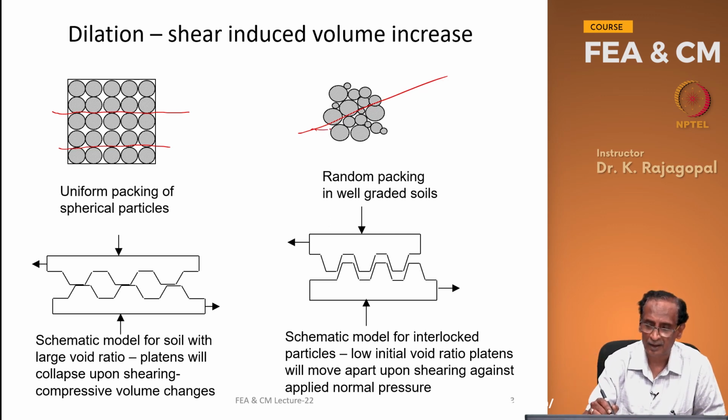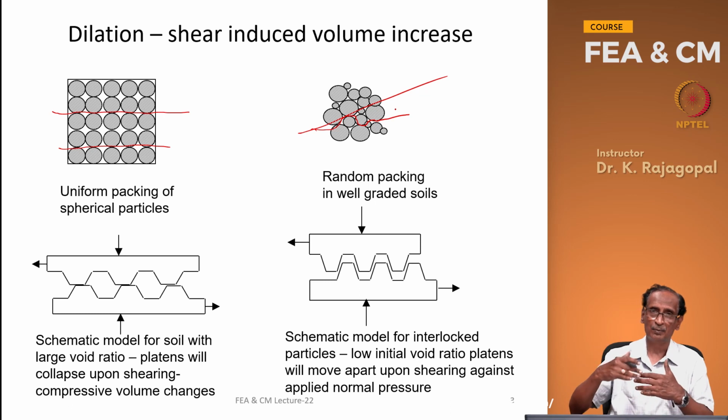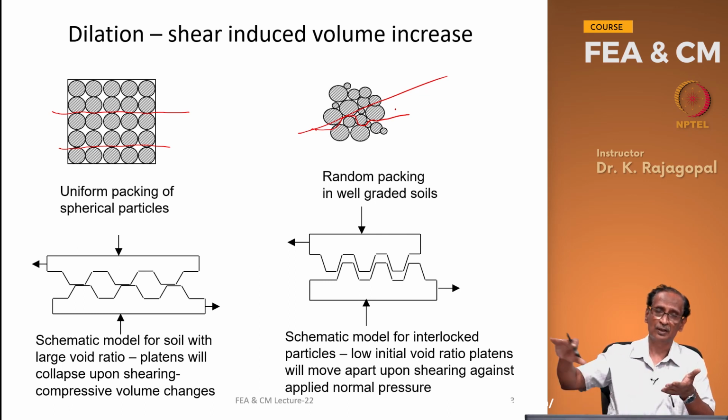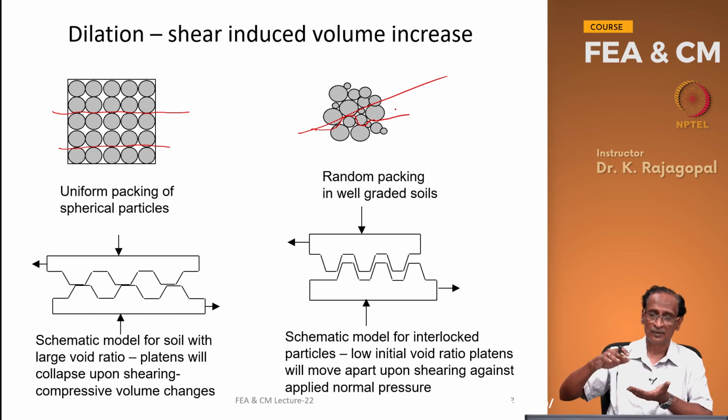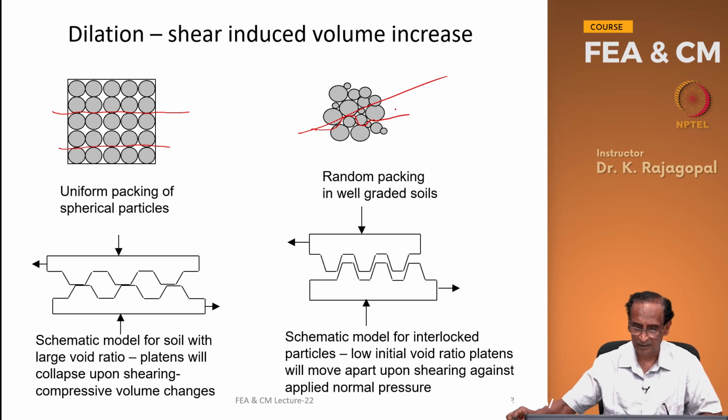So, if you have to develop any shear, then you have to deform or move some particles away from the shear plane, so that we can nicely form the failure, and that type of situation we can think of by these two interlocked plates.